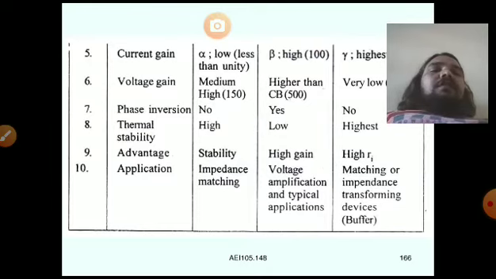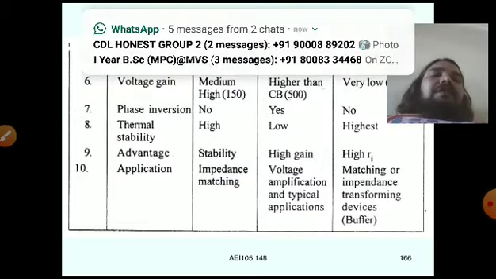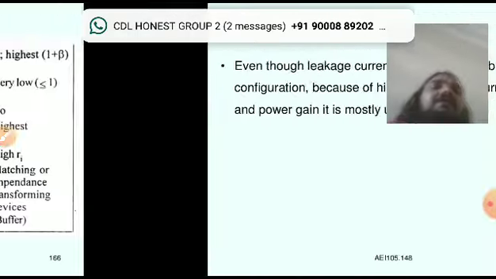The application of the common emitter configuration is voltage amplification and typical applications. Next, the application of the common collector configuration is matching or impedance transforming and device buffering.